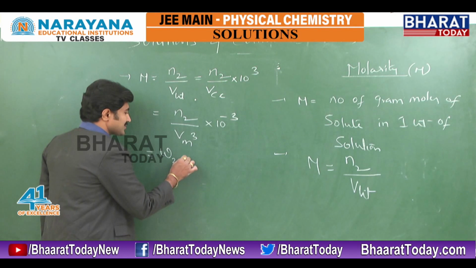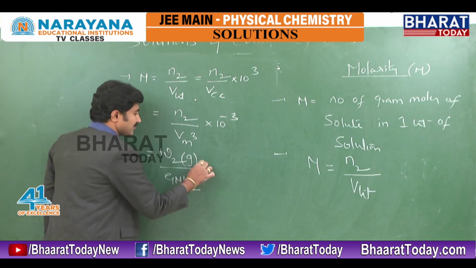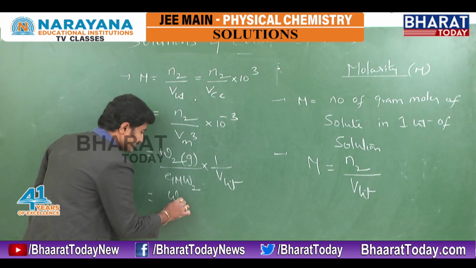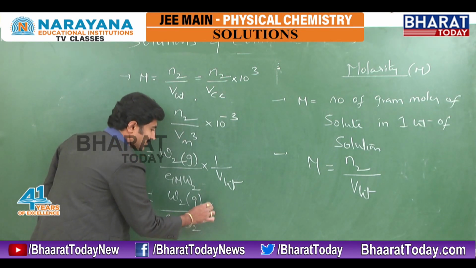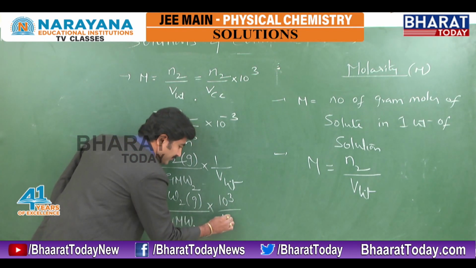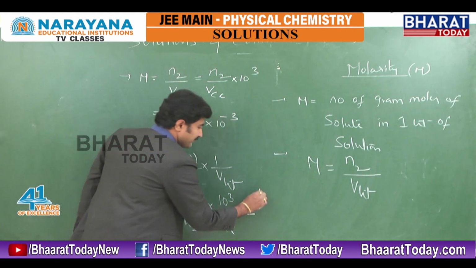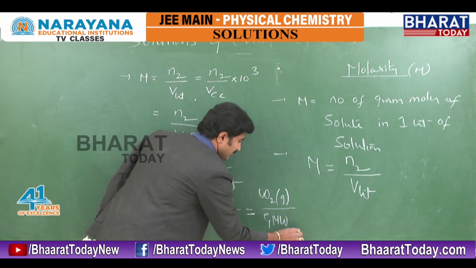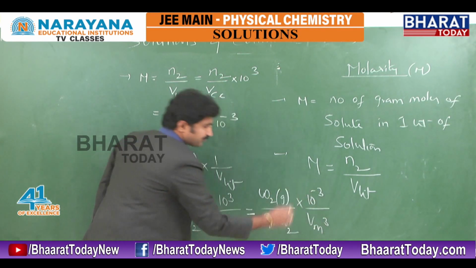This is also written as W2 in grams by gram molecular weight of the solute into 1 by V in liters. This is also written as W2 in grams by gram molecular weight of the solute into 10 cube by volume in cc, or with volume in cubic meter, W2 in grams by gram molecular weight of the solute into 10 power minus 3 by volume in cubic meter.